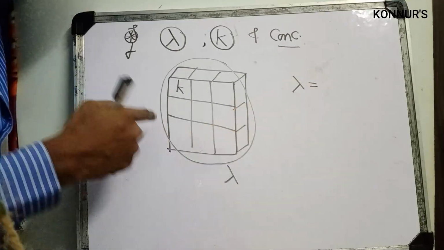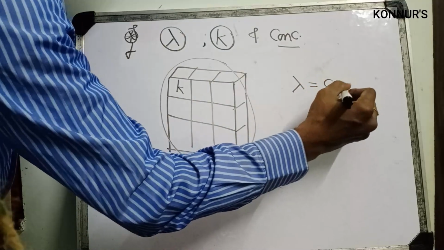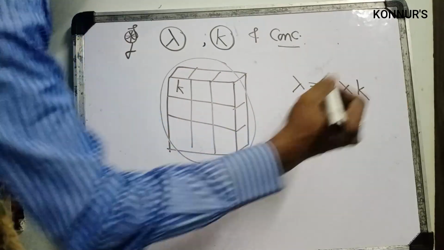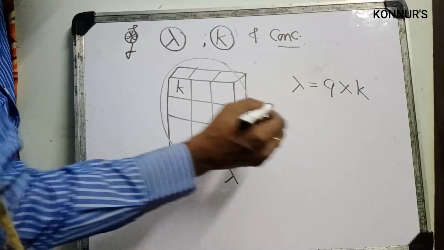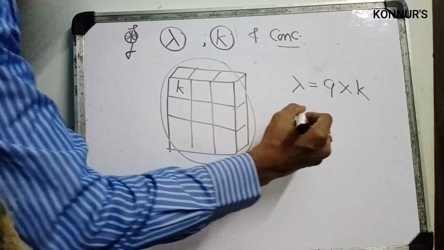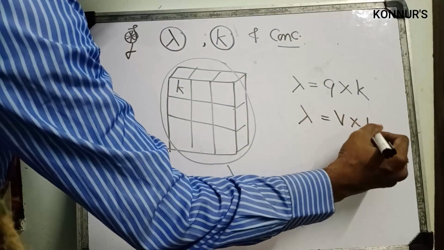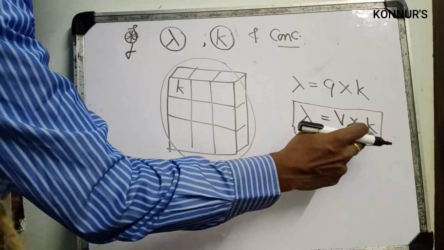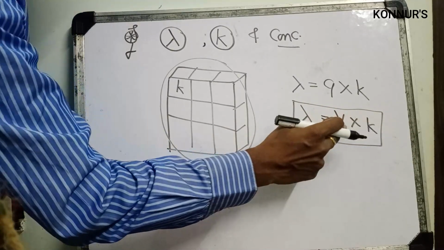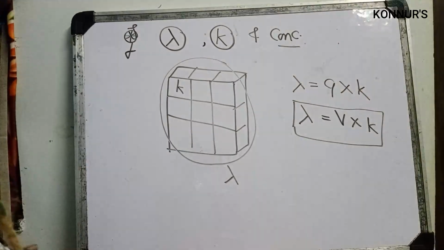Lambda equals, one box contains a K value, and there are 9 boxes in total, so 9 into K. For easy understanding I have given 9 boxes into K. What is 9 boxes? Nothing but volume. Volume into K. So 1 unit area value is K, and total solution volume into K is the total conductance you will get.